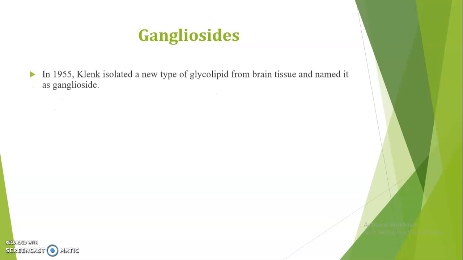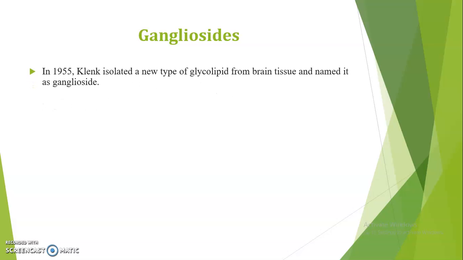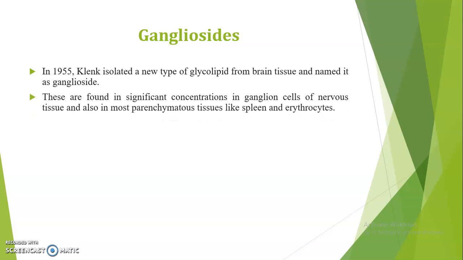In 1955, Klenk, a scientist, isolated a new type of glycolipid from brain tissue and named it ganglioside. These are found in significant concentrations in the ganglionic cells of nervous tissue, which is why they are known as gangliosides, and also in most parenchymatous tissues like spleen and erythrocytes.